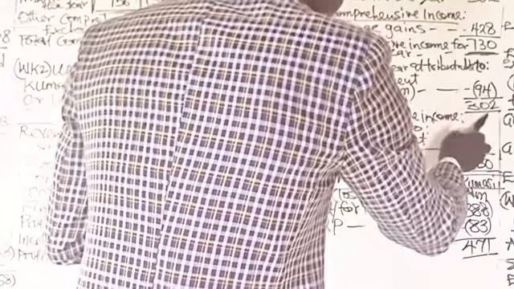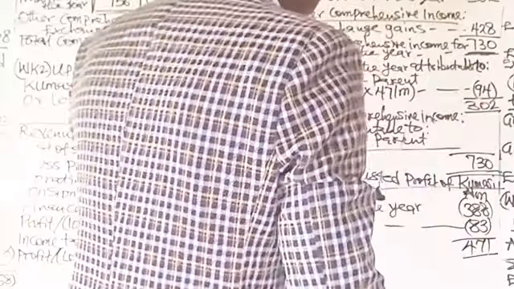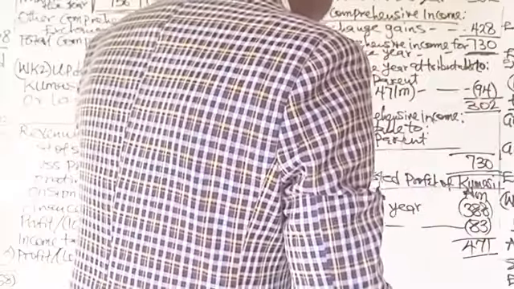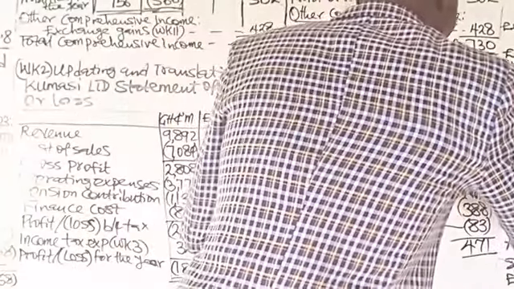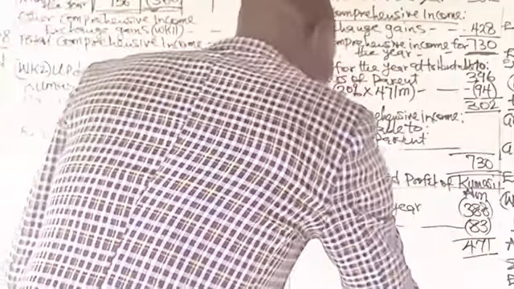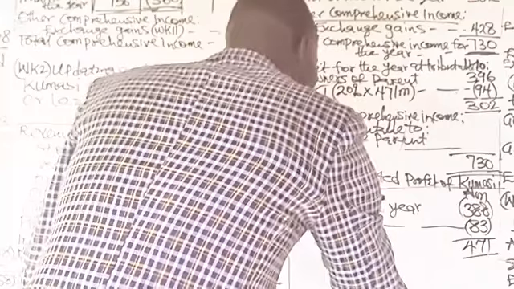But if it is profit, you subtract it. But since it is a loss, 302 plus 94. There you have 396. The profit attributable to the owners of the parent is 396. So if you have 396 million minus 94, it will give you 302. Then the NCI, you have 94 million loss.